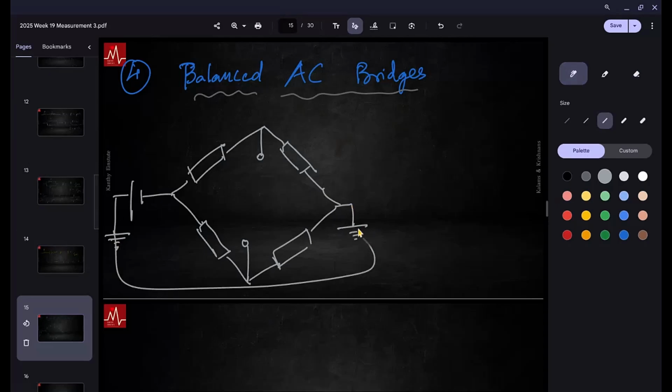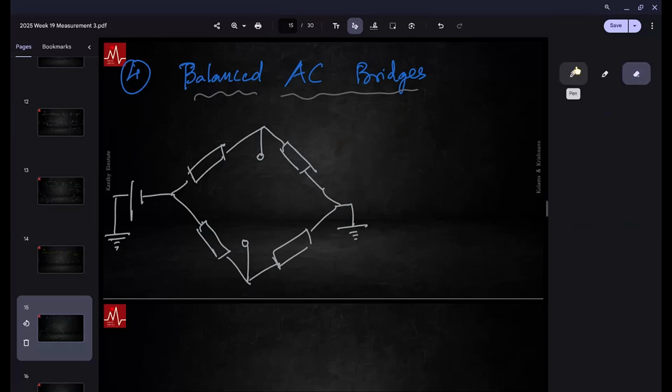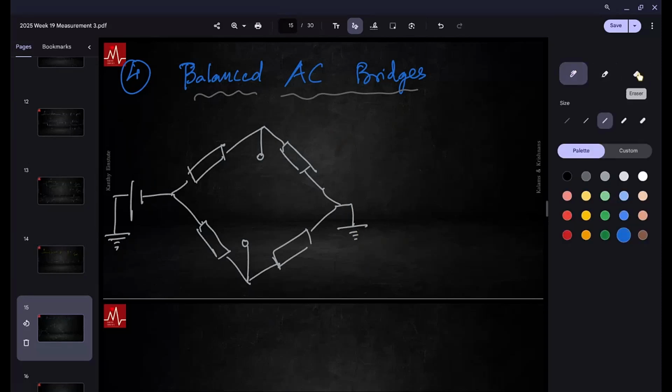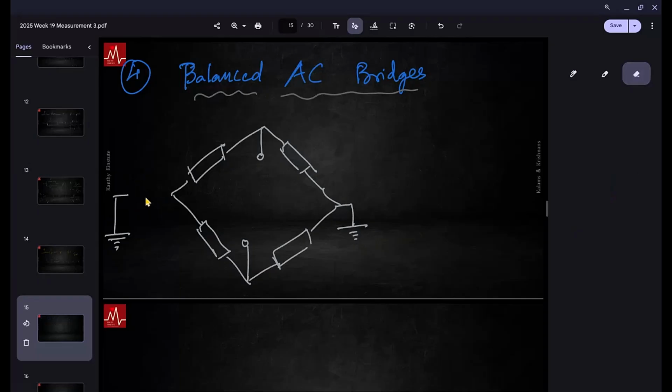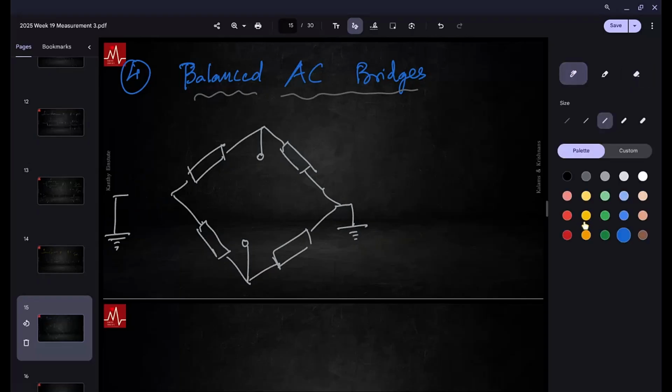That is, I have connected these two. Okay, there is a voltage. I can apply an AC voltage. It's no more a DC thing.